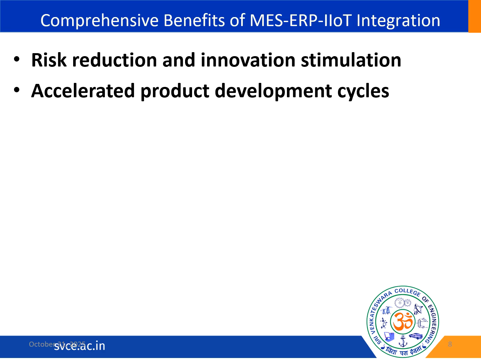Integrated systems along with MES, ERP and IIoT integration enhance agility and increase responsiveness to market changes. These changes enable faster decision making and quicker reactions to demand fluctuations and so on.